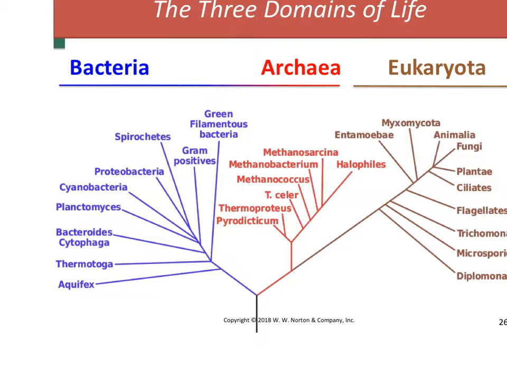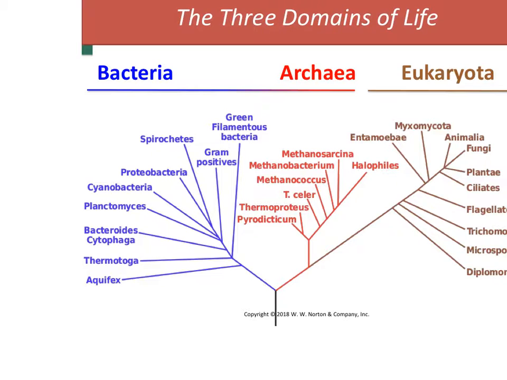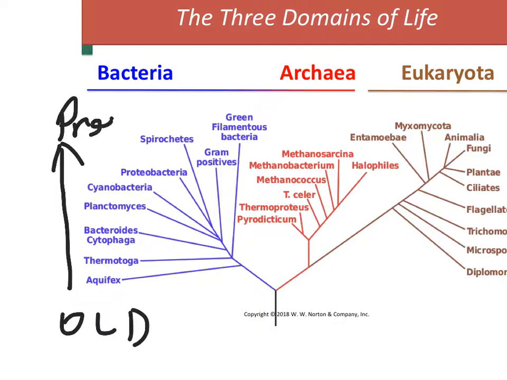We now know, this diagram is called a phylogenetic tree. You can read it from old to young. So at the very bottom, we have a most recent common ancestor right here.